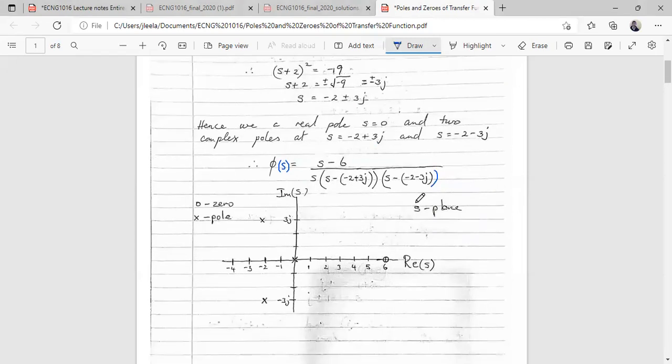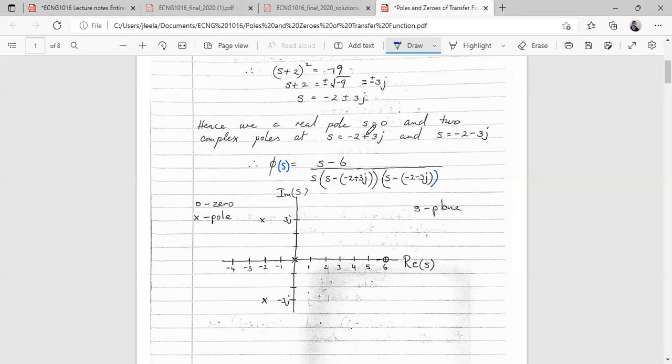So now we want to sketch the poles and the zeros in the s-plane. So you have your plot here, your s-plane, your real s and your imaginary s. This is how you label it. A zero is always indicated by a circle and a pole by an X. You could write a little legend here: O represents a zero and X represents a pole.